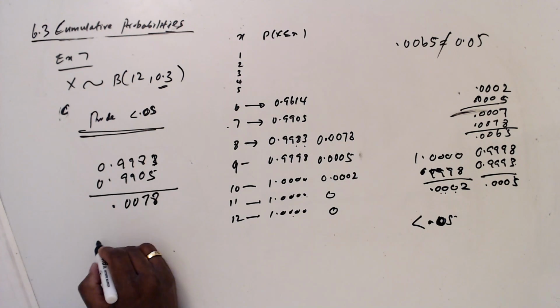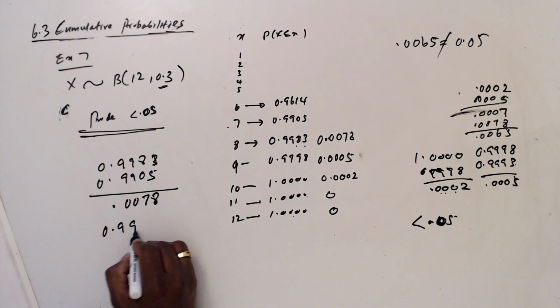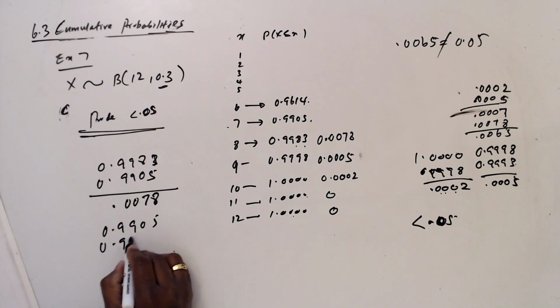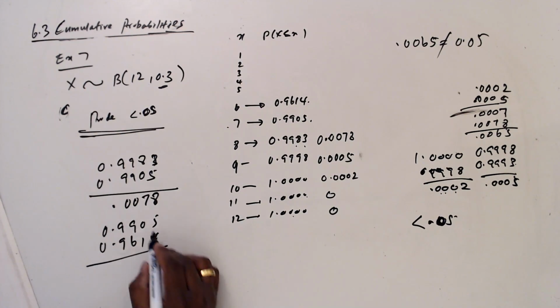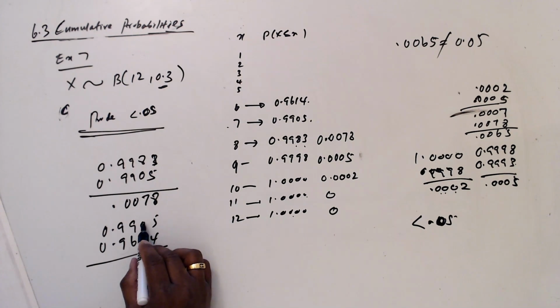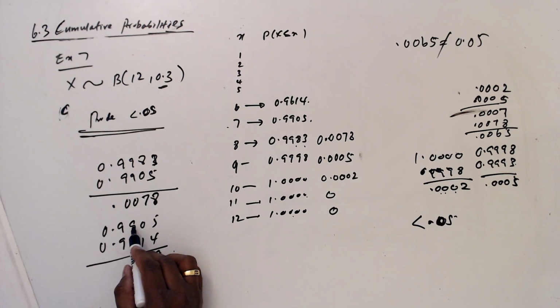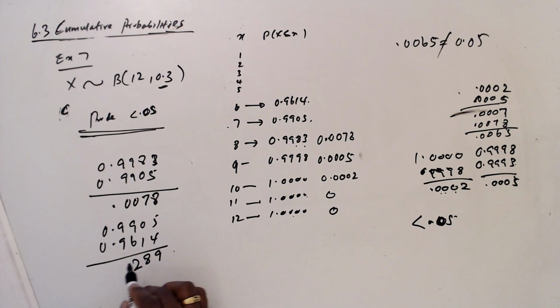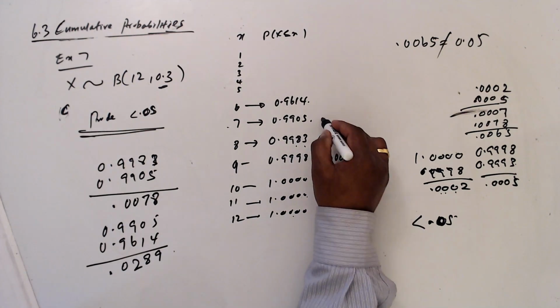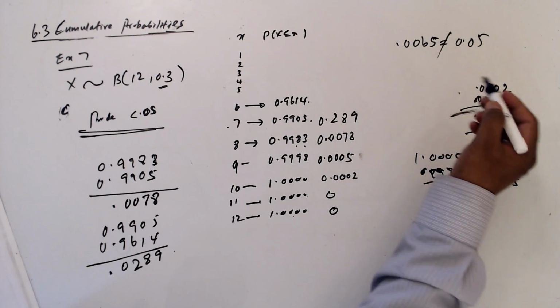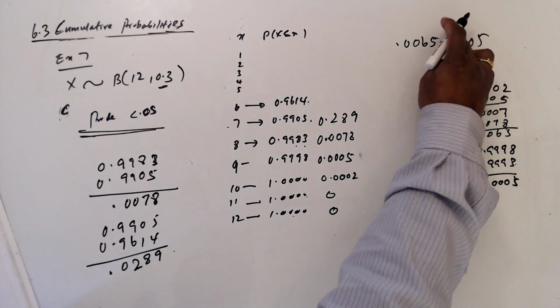Getting 7 is 0.9905 minus 0.9614. So 15 minus 4, 9, and this is 9 minus 1, 8, and this is 8 minus 6, 2, and this is 0.0289. So shall I add 0.0289 to here?